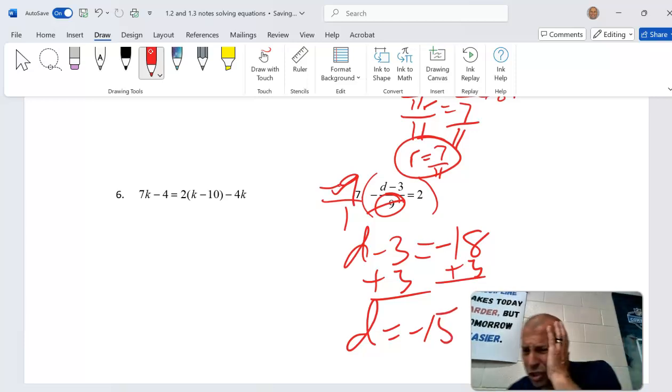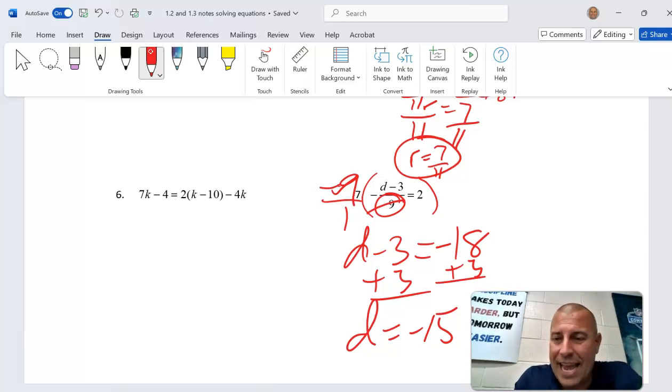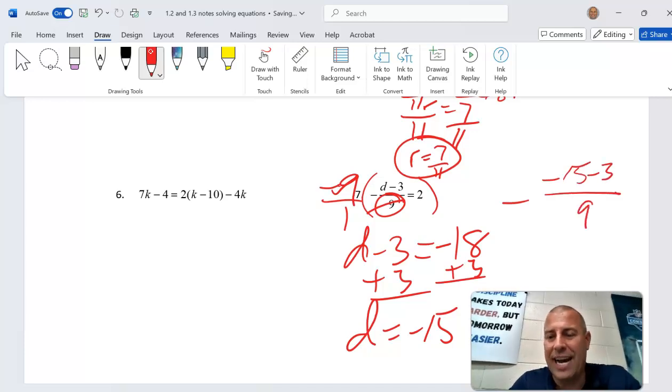Now, if we're a little unsure about this as we're looking at it, let's just plug it back in and substitute real quick. Plug in the negative 15 up there for the d. So negative sign out there. And I've got a negative 15 minus 3 all over a 9. Well, negative 15 minus 3 is negative 18.